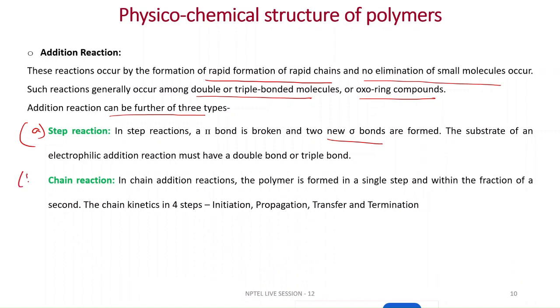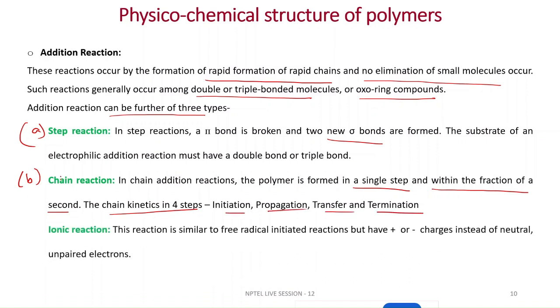The second kind of reaction is the chain reaction. In the chain addition reactions, the polymer is formed in a single step within a fraction of a second. This chain kinetics, we already know, starts with initiation, propagation, transfer, and termination. The third kind of addition reaction is the ionic reaction.